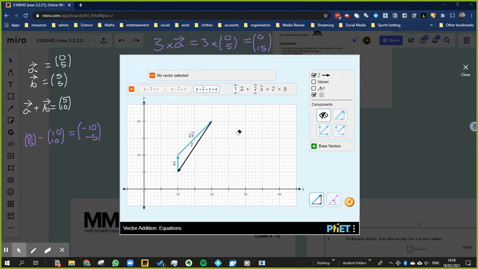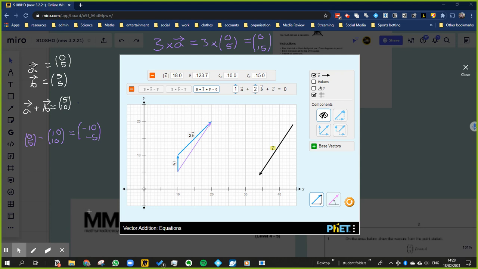Basically what it's saying is that all these three vectors, when you add them together, is equal to 0. The way that you can tell that is because, let's say we started there, and when we look at the resultant vector, we would draw an arrow from the beginning to the end of the resultant. So when I was working out the resultant of A plus 2B, I would go from the beginning to the end, and that purple line is my resultant vector.